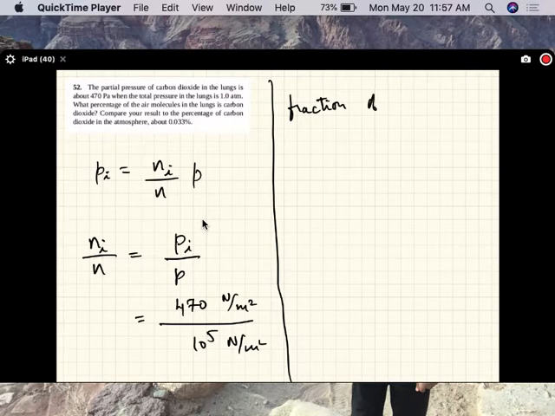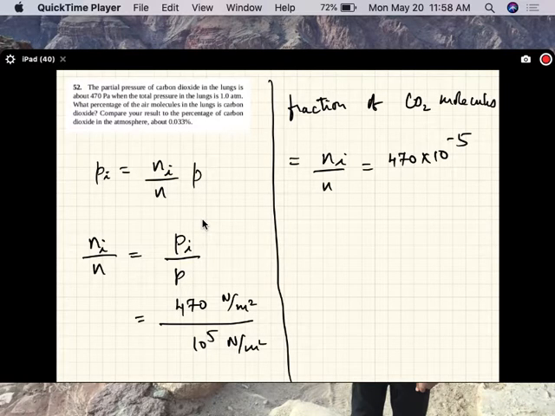Fraction of CO2 molecules is equal to 470 over 1 atmosphere. Again, the units cancel, this is just a number, and so the percentage is 470 times 10 to the minus 5 times 100%, which is 0.47%.